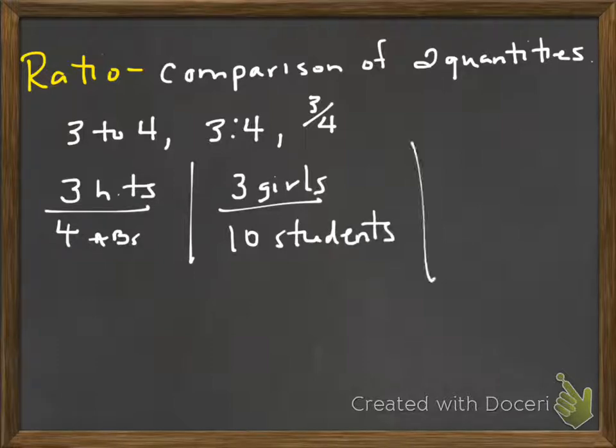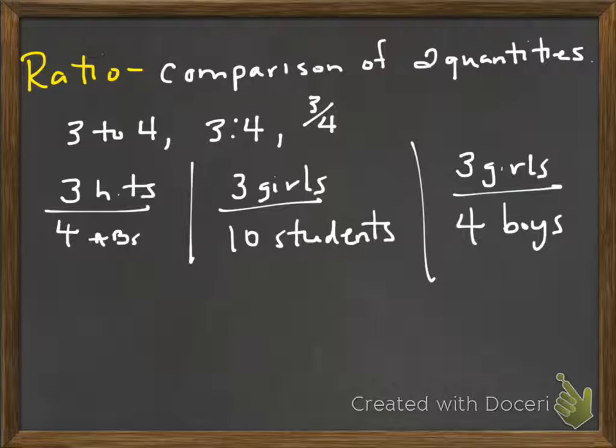You can also look at it like this: there are 3 girls for every 4 boys. So these are different types of ratios, and you can rewrite these as 3 to 4, or 3 to 10, or simply 3 girls to 4 boys.